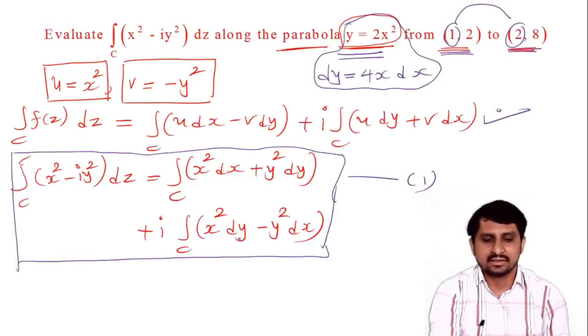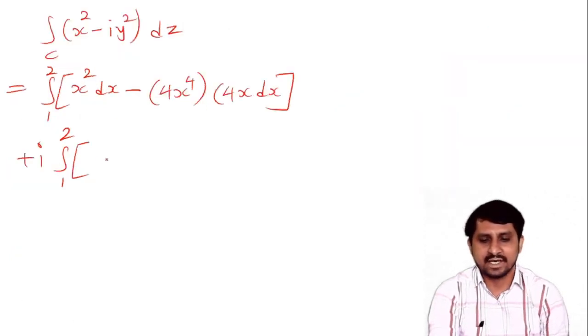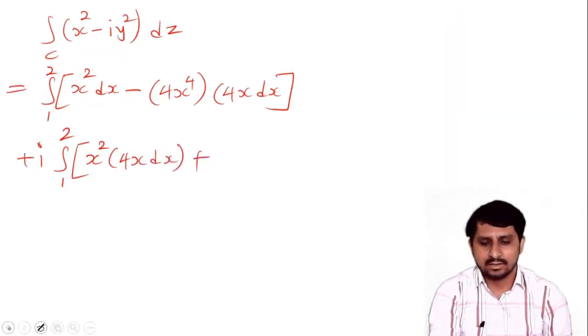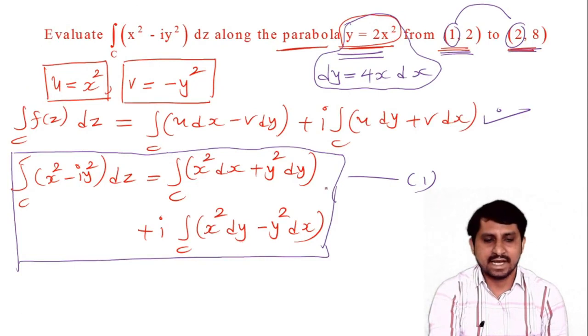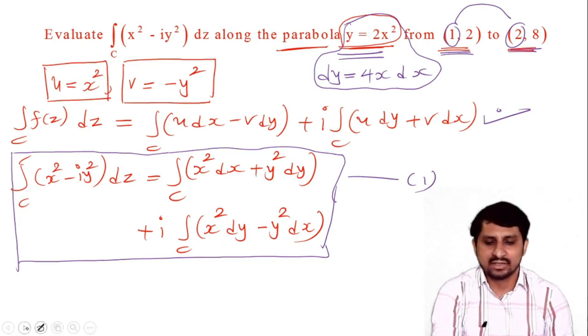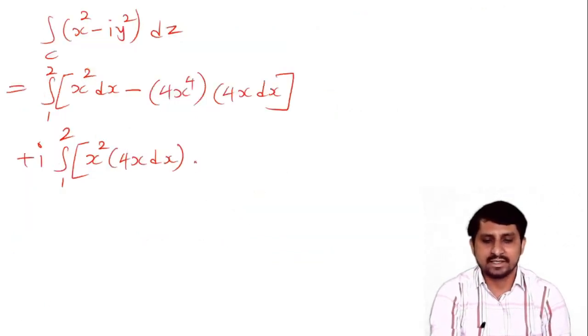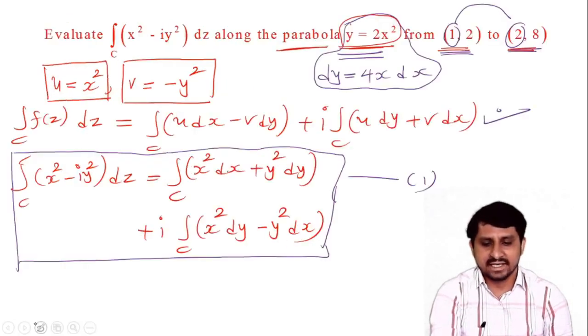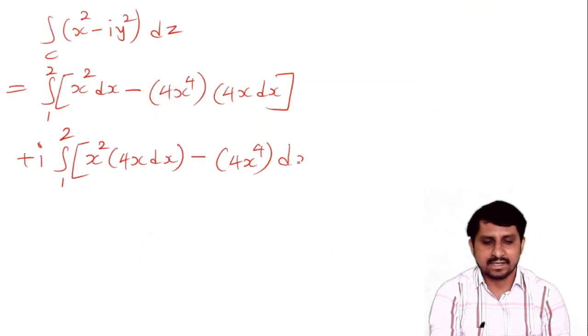x square dy: instead of dy I can write 4x dx, so x square dy is 4x cube dx. Minus, now y square is 4x raised to 4, so I write minus 4x raised to 4 dx.